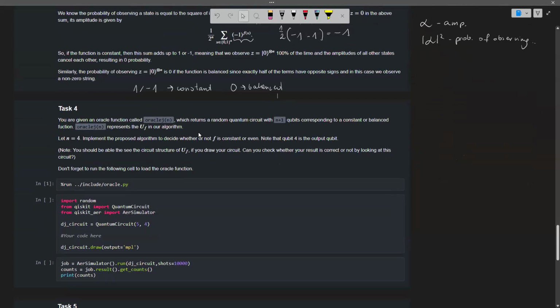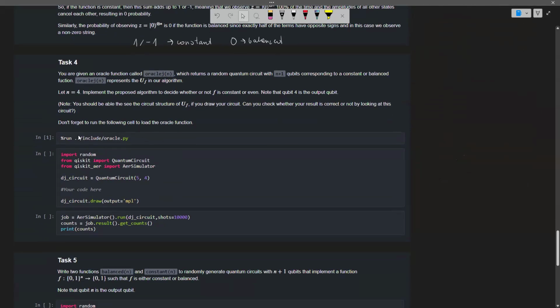So now, again, if you remember the task from yesterday, if not, it's okay. First, you need to run this cell to receive an oracle, which is just code in another file in the folder that you have. It's called oracle j of n, and it will return a quantum circuit of f, n plus 1 qubits with n inputs and 1 output, corresponding to either a balanced or constant function.